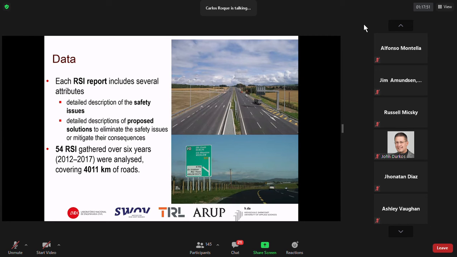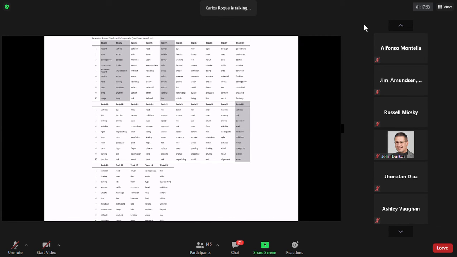So now, looking at the results, this table shows the 25 extracted latent topics for the problems record set, the first set. The topics directly related to roadside issues are shaded gray. The top 10 terms for this record set are also listed.